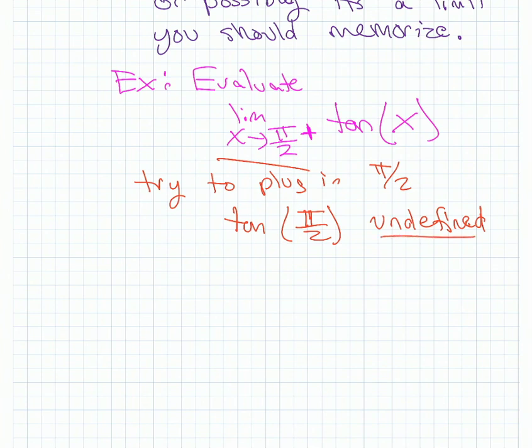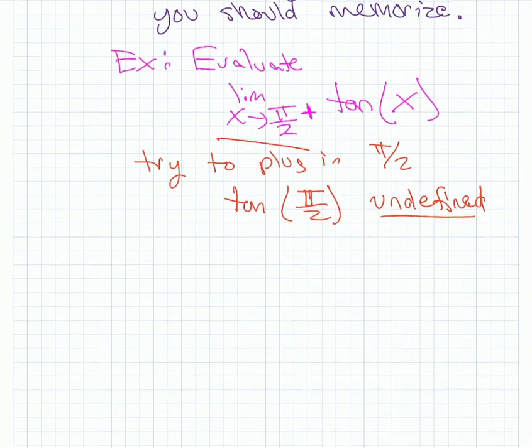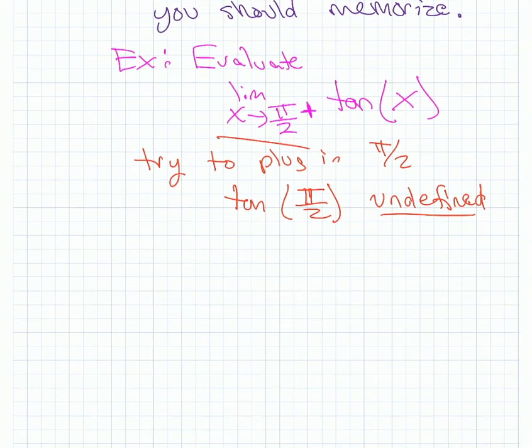Undefined. Now that does not mean that the limit doesn't exist, because this is a one-sided limit, and so it might be infinity or something. So what we do need is a value close to pi over 2 on the left or the right to see if it's plus or minus infinity. But the limit may be plus infinity or minus infinity.